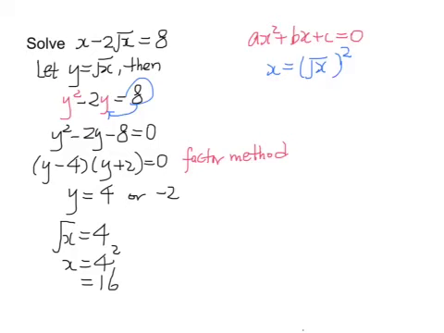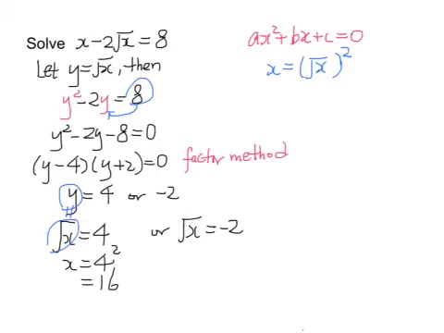Now on the other hand, let's look at this case. The square root of x equals negative 2. Remember, this is equal to this. So what should we do with this?